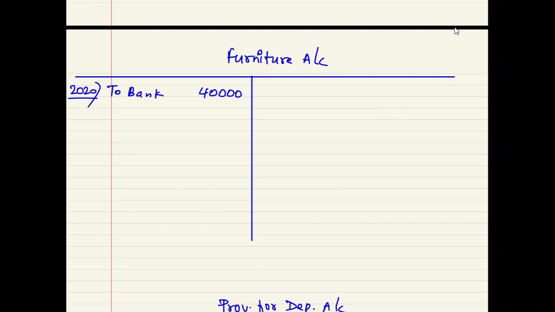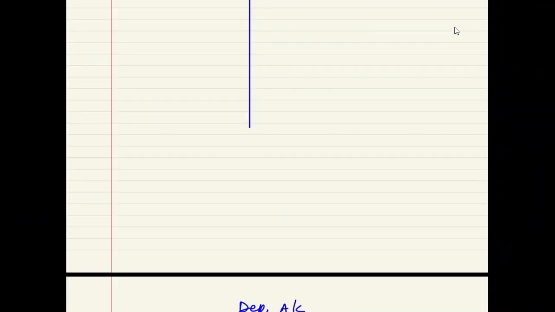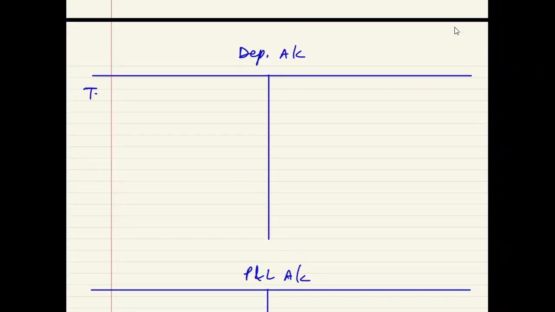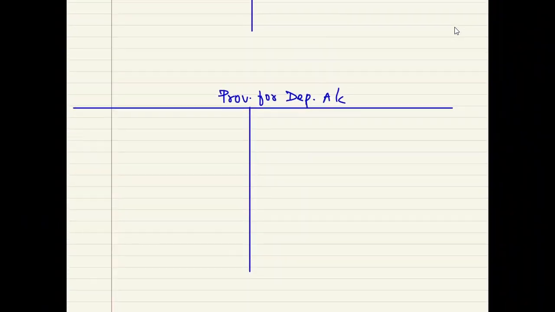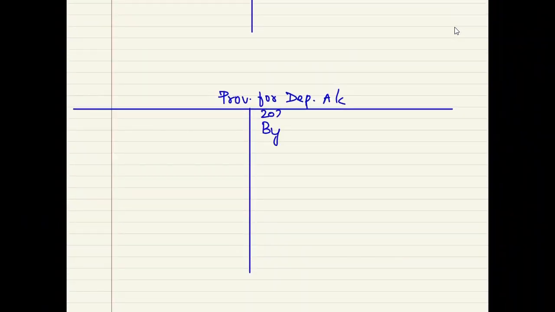Just see. Now we will go to our depreciation account. Everybody knows that for charging the depreciation, we need to debit the depreciation account by 10,000. So instead of writing the furniture account here, I will write provision for depreciation account. So in your provision for depreciation account in 2020, the balance will come from the depreciation account as 10,000.